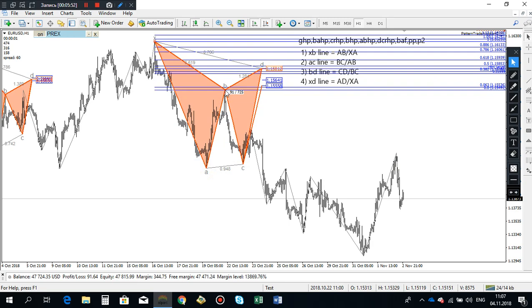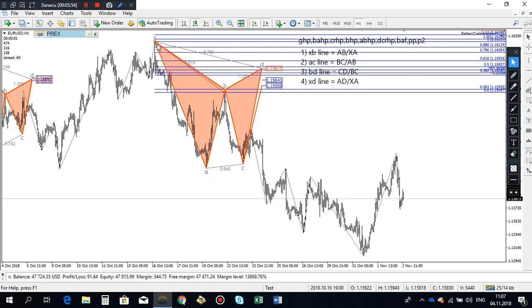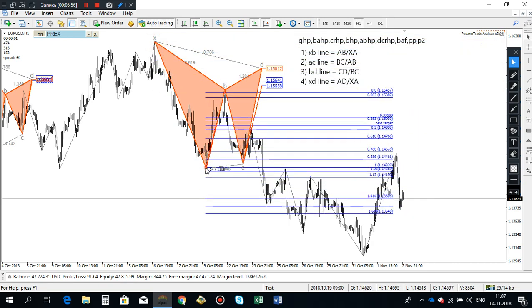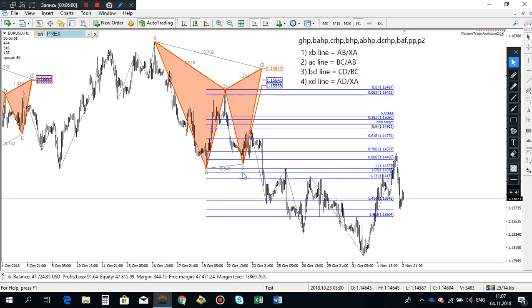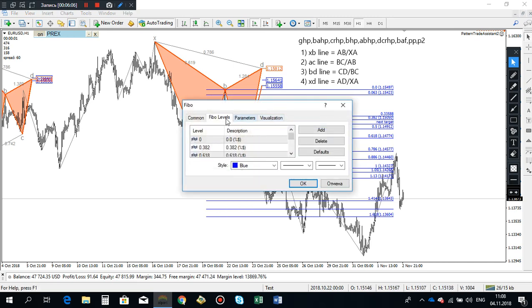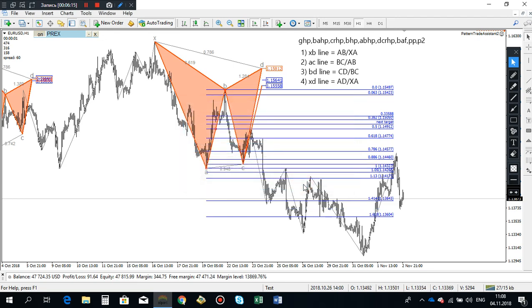If I measure the AB leg, the second leg, I go from here to here, adjust to price action, and I know that the C point is 0.948. What if I add an additional level of 0.948? So the line appeared, which actually coincides with the C point.